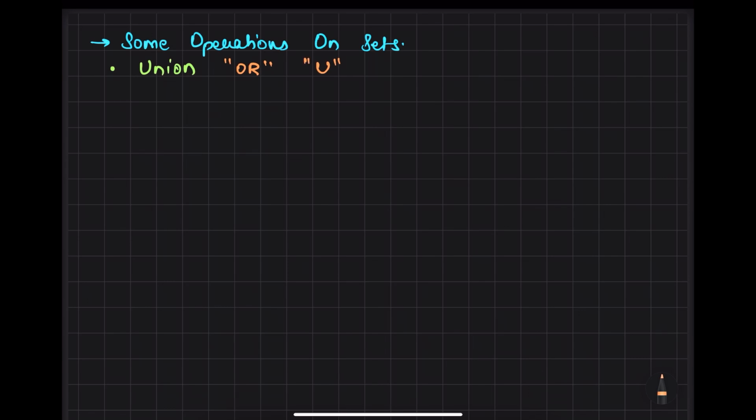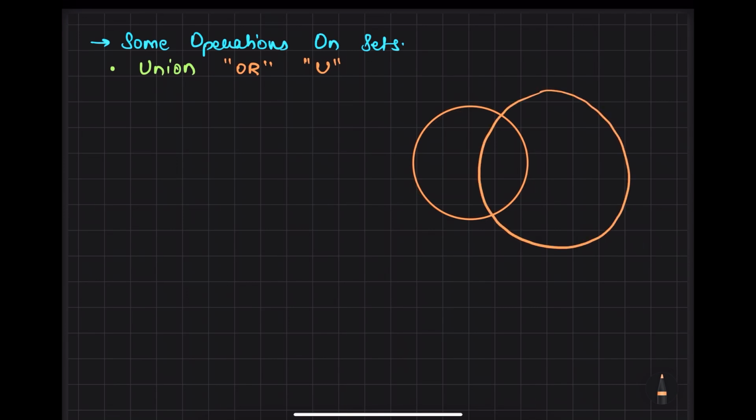Okay, now first try to understand what is union. Suppose that we have a set named A and set B. Suppose these are the elements: 1, 2, 3, 4, 5, 6, 7, 8, 9, 10.